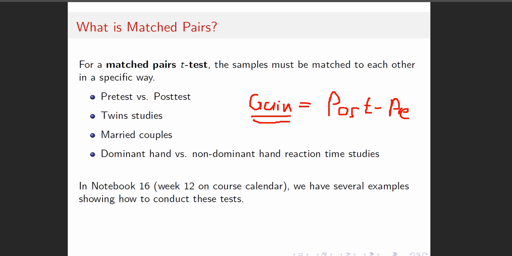You'll also see go/no-go reaction time tests, and they'll do dominant hand versus non-dominant hand. So there are a lot of different ways to pair these samples, but the idea is that the same person or partnership is represented in both samples.